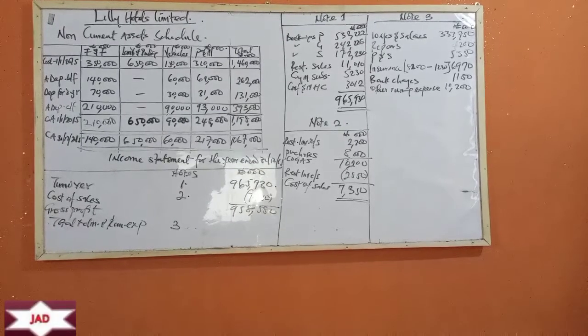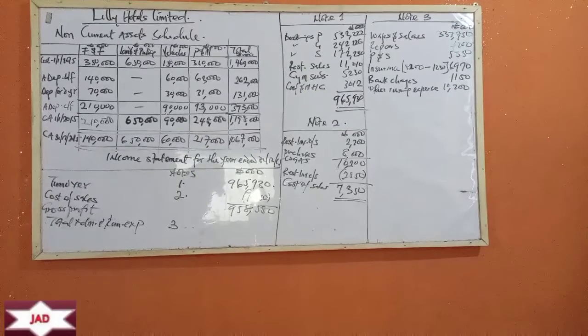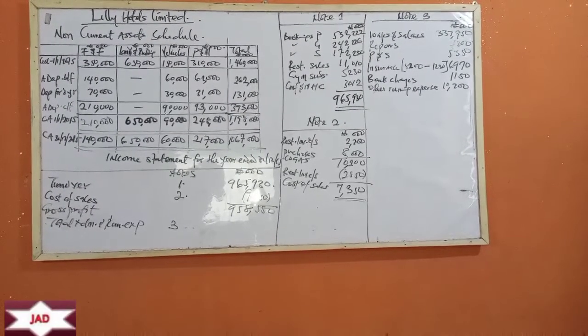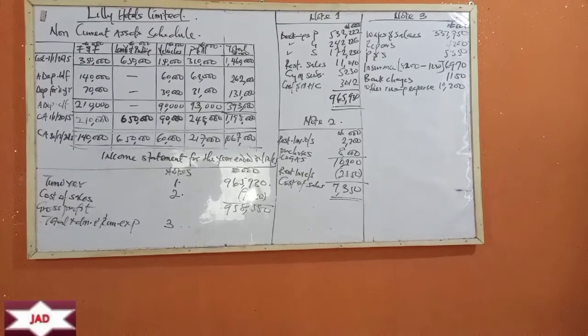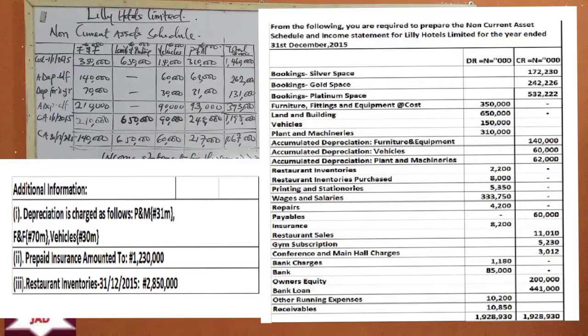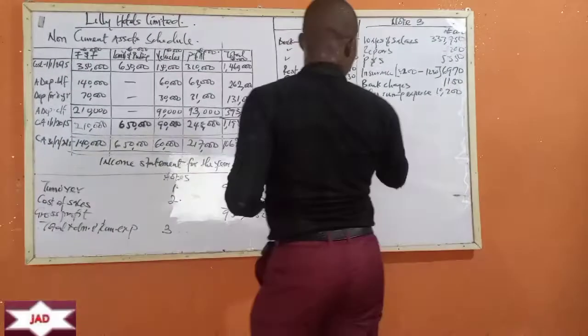Okay, so I'm just trying to check to be sure that we've taken all that needs to be taken. We've taken all. But by extent, depreciation is also an expense. So we have to take depreciation now.